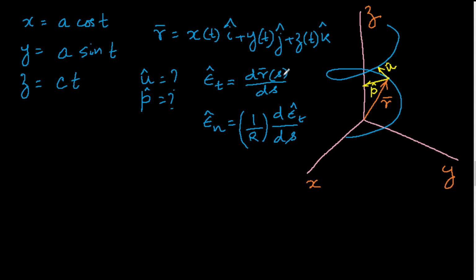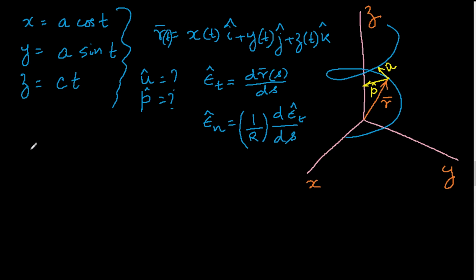But the question many students were asking is how to write this as a function of s, because once you do that you can carry out this differentiation very easily. Now let's see how to write this, which is now a function of t, as a function of s, the path variable.